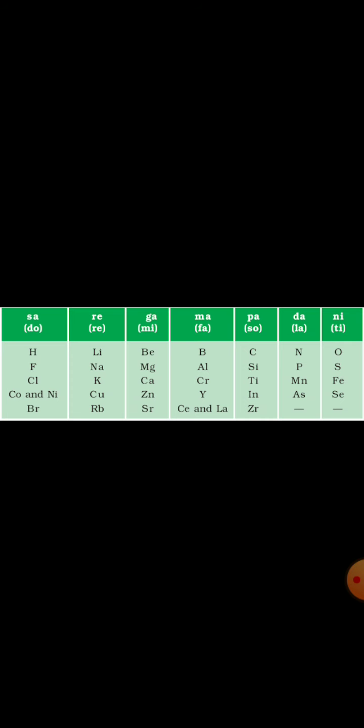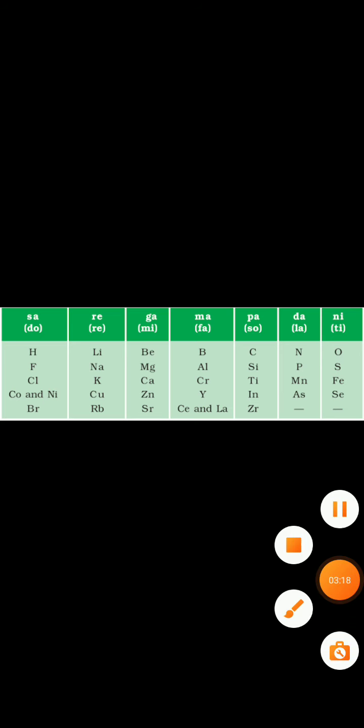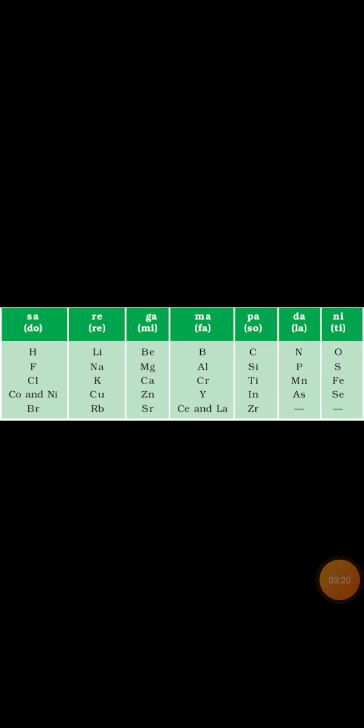Now he arranged all 56 elements this way, starting from hydrogen. We will see it horizontally: hydrogen, then lithium, beryllium, boron, carbon, nitrogen, oxygen.